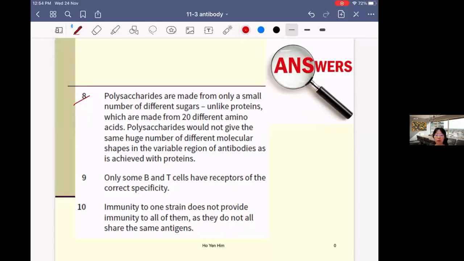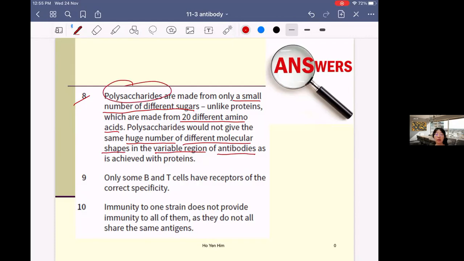Polysaccharides are made up of only a small number of different sugars. That means different monomers. Unlike proteins, which are made up of 20 different types of amino acids. So therefore, proteins can give a huge number of different molecular shapes in the variable region of antibodies versus if we use polysaccharides.